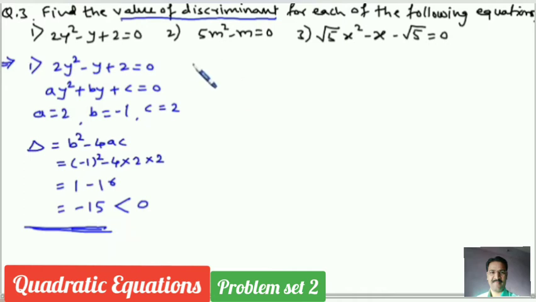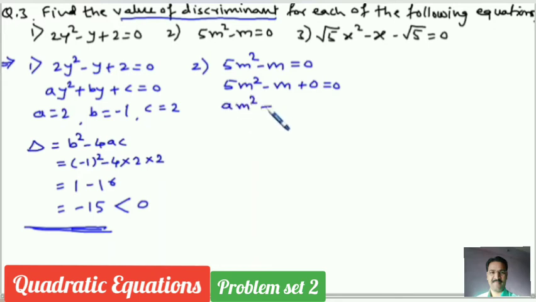Okay. Now what about the second one? That is 5m square minus m equal to 0. First we'll write this one in neat form. No constant means plus 0. So compare with the standard form, that is am square plus bm plus c is equal to 0. So after comparing, a equal to 5, b equal to minus 1, and c is 0.